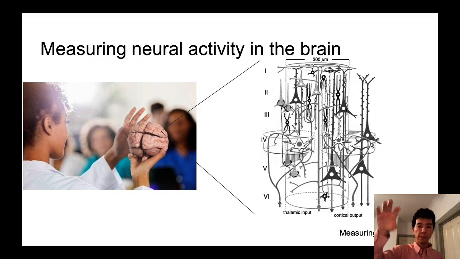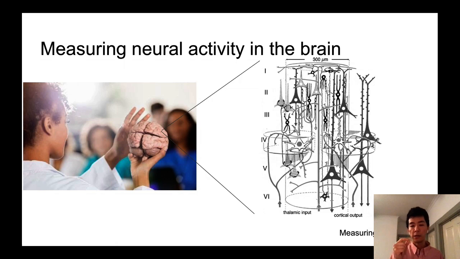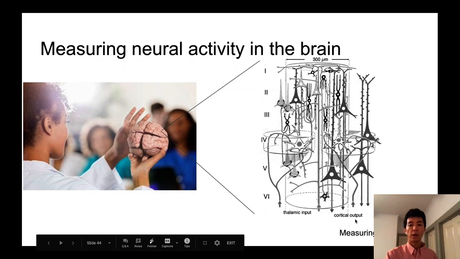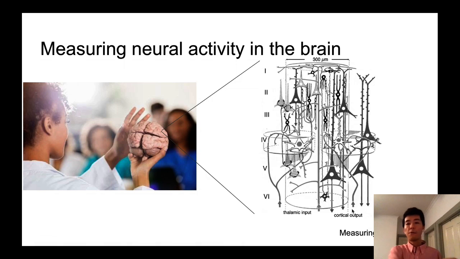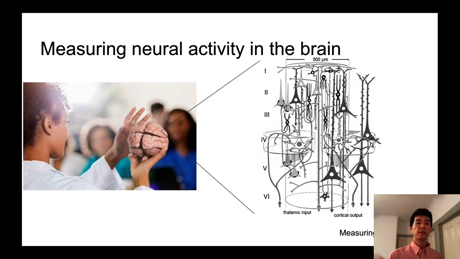On the other hand, layers 5 and 6 project the output of neurons as spikes into areas such as the thalamus or other cortical areas. So layer 4 receives input from lower areas or thalamic areas, and then layers 2, 3 and 5, 6 are doing something different. That's the most important thing for now.